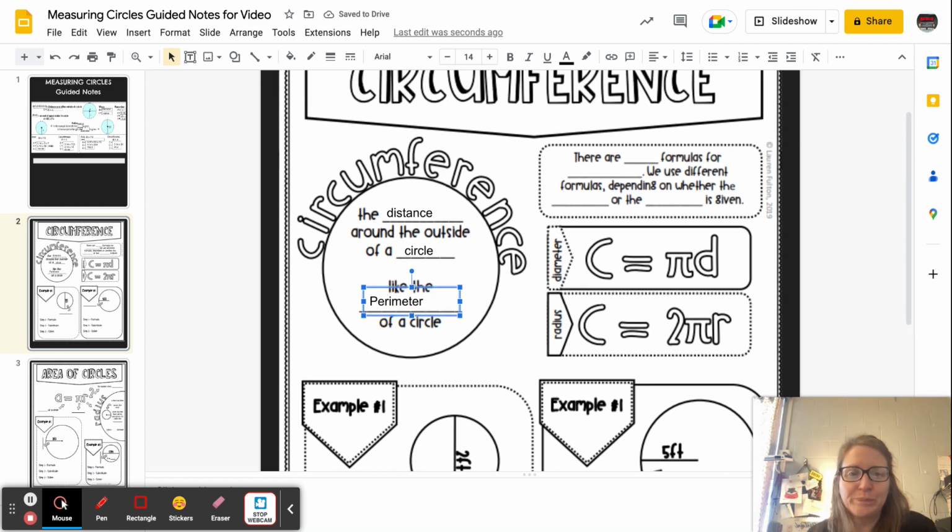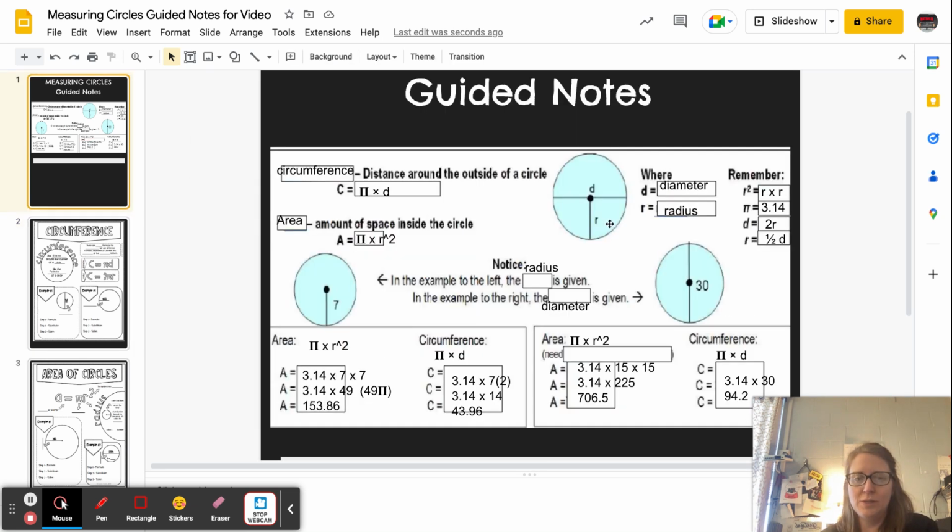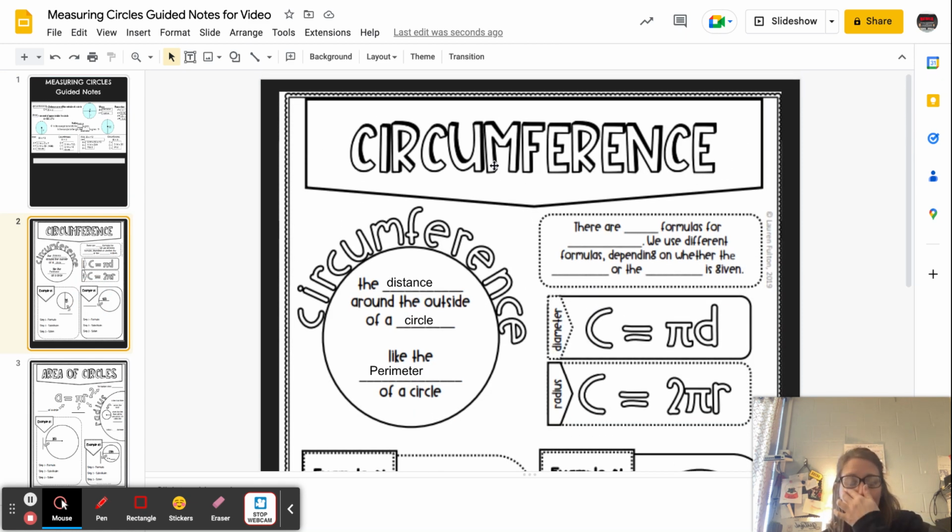And so there are two formulas. So on this one, we use the formula for circumference, pi times diameter, and I wanted to use this one because this one gives you the other formula as well. There are two formulas that you can use for circumference.